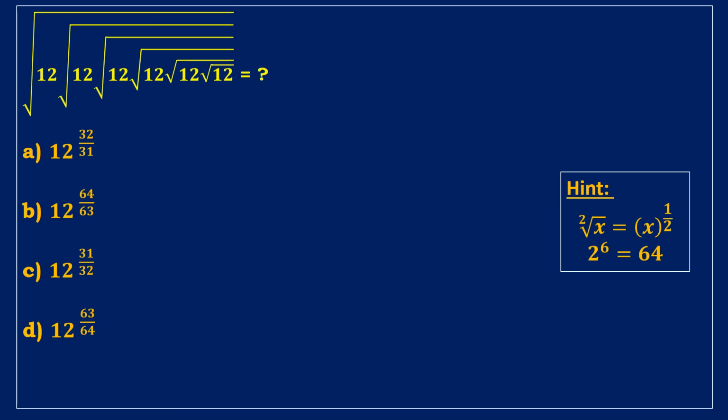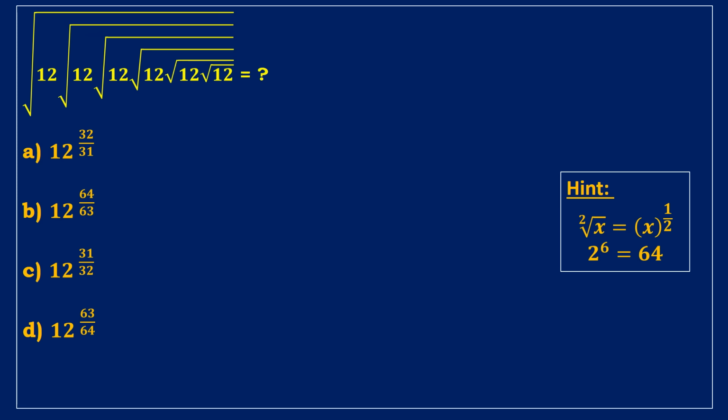The exponent form of the square root of x is x power 1 by 2. Here, denominator 2 denotes the square root. Numerator 1 represents the denominator value minus 1. It is noted from the question that there are 6 square roots.